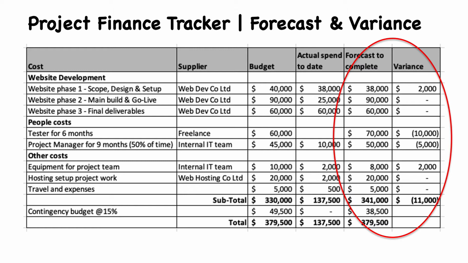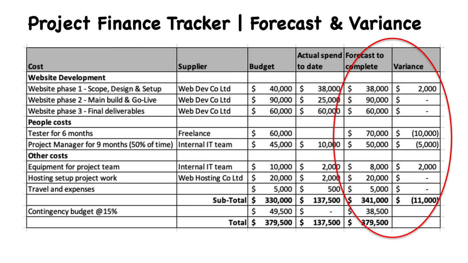Same for the project manager. We're going to need the project manager for a little bit longer than we thought we were on the project. So we're forecasting an overspend of 10,000 for the tester, and an overspend of 5,000 for the project manager.